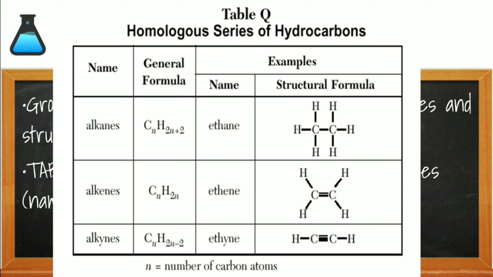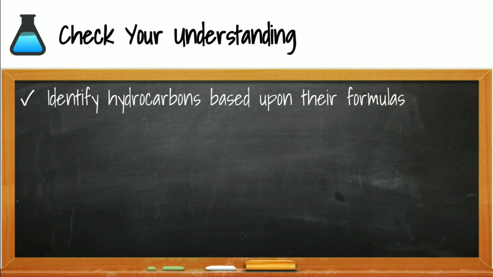And we have alkynes, the Y is an I, where we have at least one triple bond between the carbons. And we're given a sample structure and a sample name and a general formula for each of these families in the homologous series.